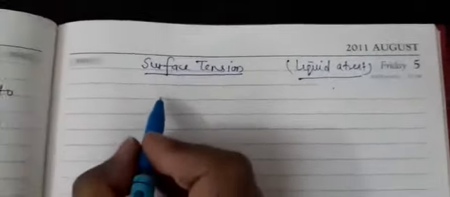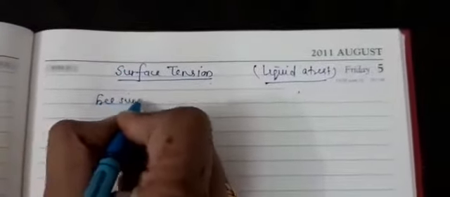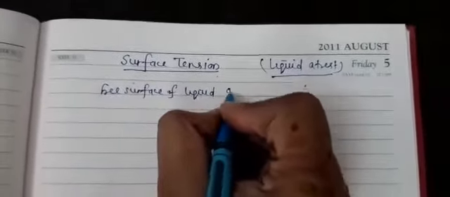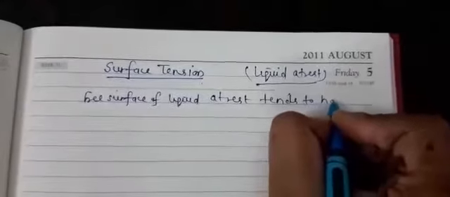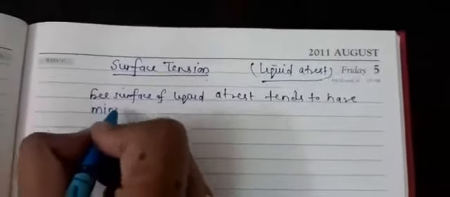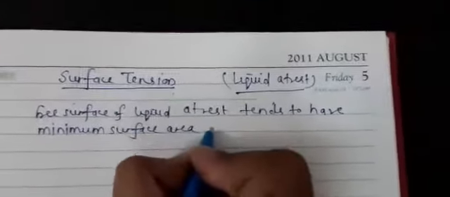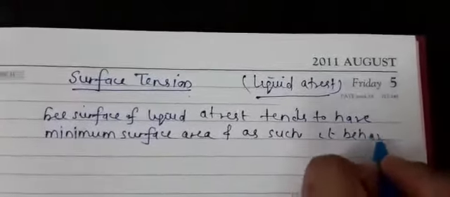See, as we will say that it is a property of a liquid by virtue of which free surface of the liquid at rest, especially the condition of rest, tend to have minimum surface area, and as such it behaves as if covered with a stretched membrane.